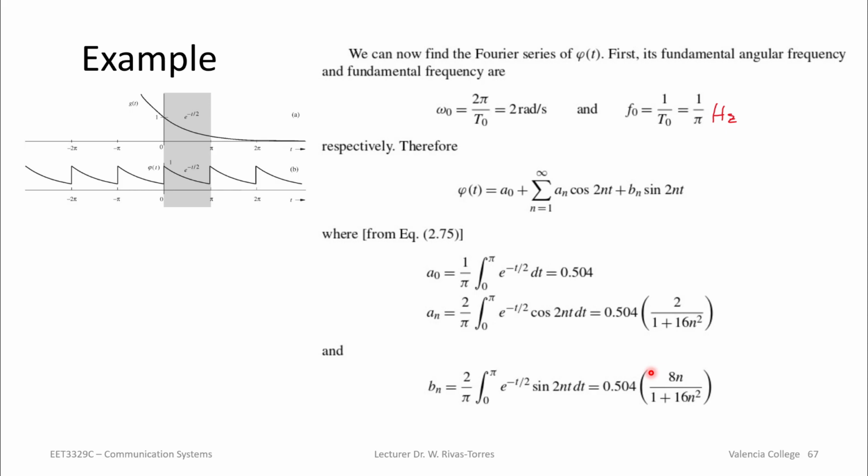And in this example, just to refresh your mind, omega 0 is nothing but 2 pi over T0, or 2 pi times f0, where f0 is 1 over T0. And for our example here, T0 is the period, which is pi. So f0 is 1 over pi hertz.